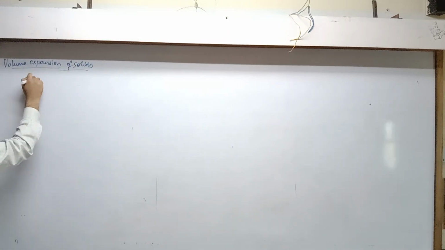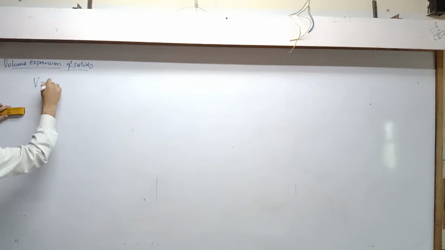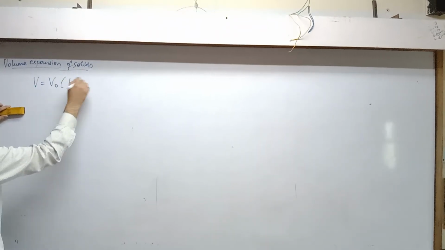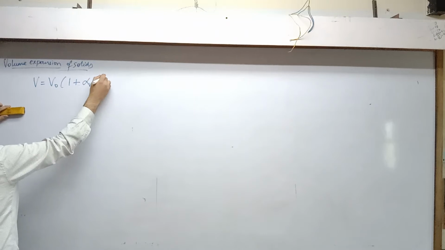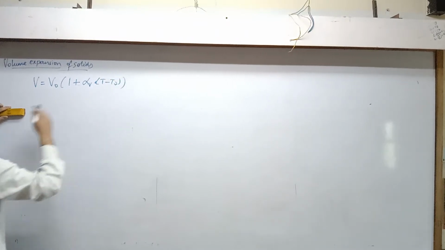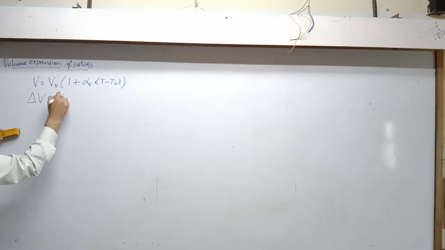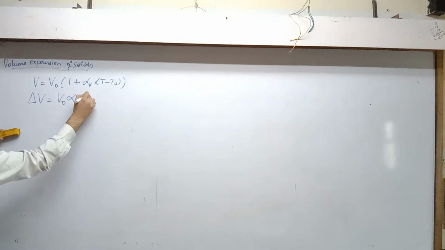So V equal to V0 times 1 plus alpha V into delta T, where delta T is T minus T0. And conversely delta V equal to V0 into alpha V delta T.